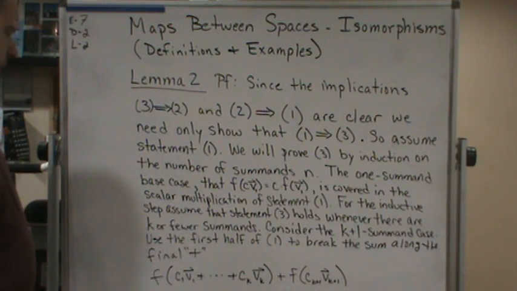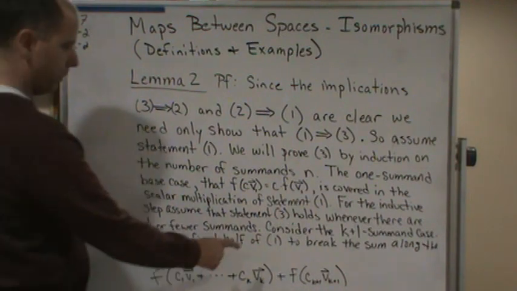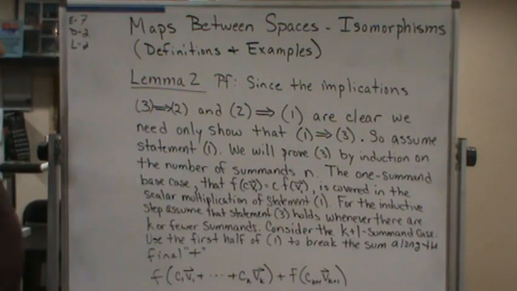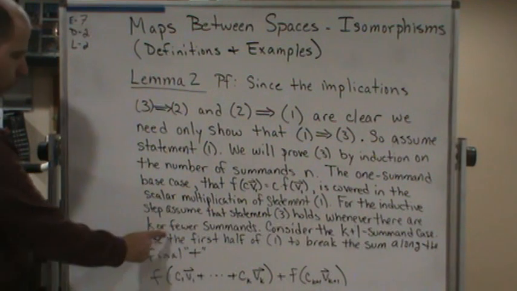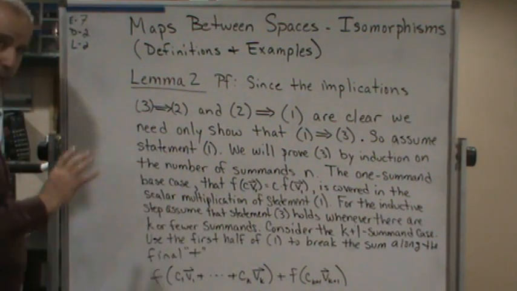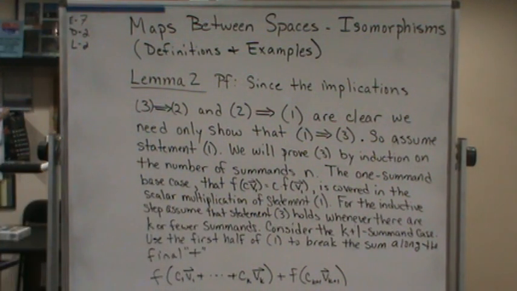Now for the inductive step, we assume statement 3 holds whenever there are k or fewer summands. So for anything from 1 to k, we assume that statement 1 holds for all of those. Now we're going to show that it also holds for the k plus 1 summand case.